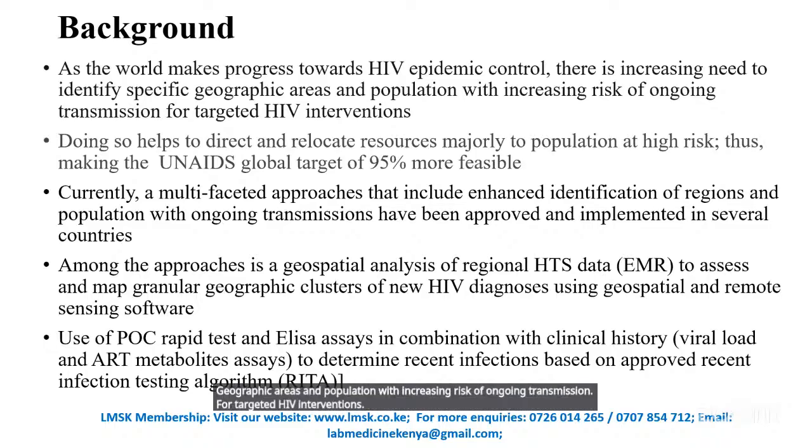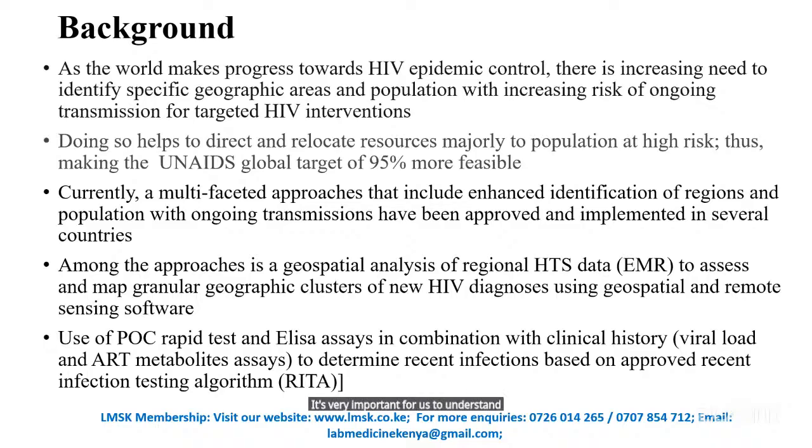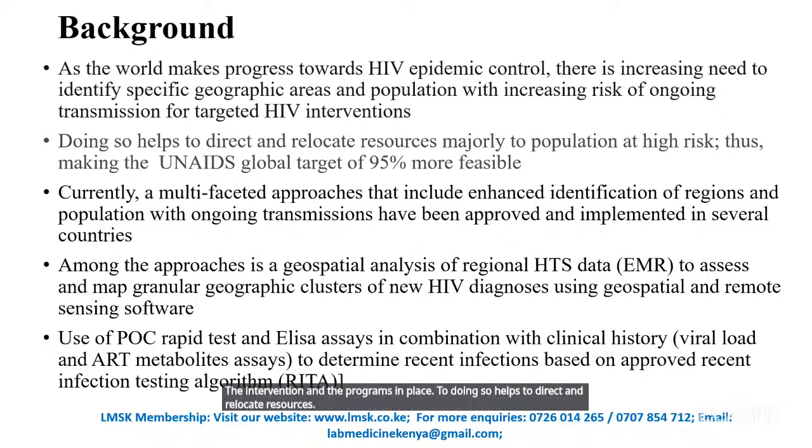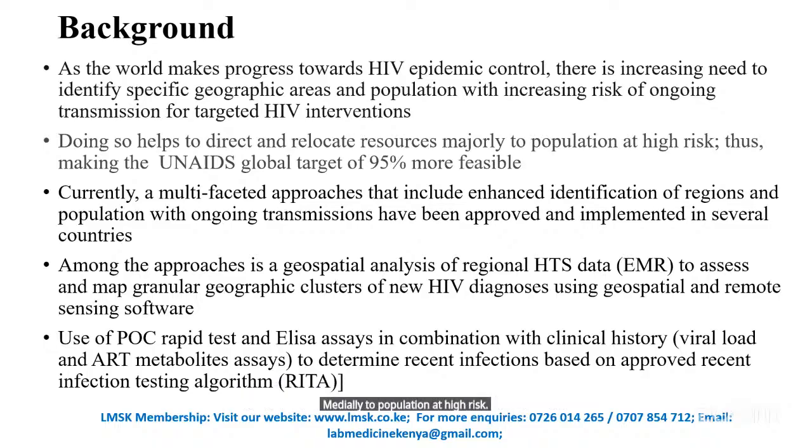It's very important for us to understand the epidemiological distribution of HIV, which is also going to help in determining areas which are hotspots and need the intervention and programs in place. Two, doing so helps to direct and relocate resources, majorly to populations at high risk, making UNAIDS's global target of 95 more visible.